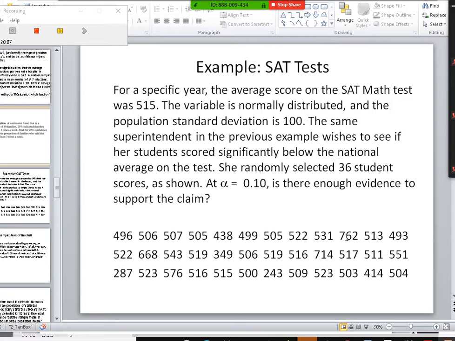She randomly selected 36 scores as shown. At alpha 0.10, is there enough evidence to support this claim? Okay, 15 seconds. Go ahead. Mean or proportion, Z or T, hypothesis test or confidence interval.